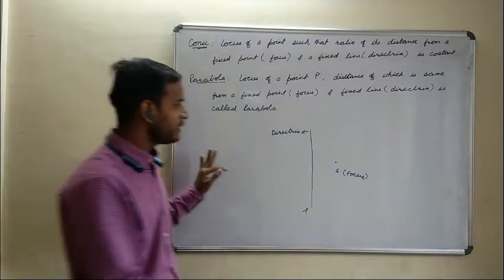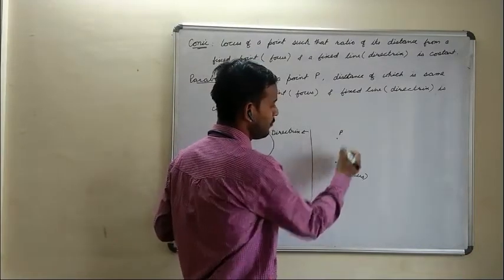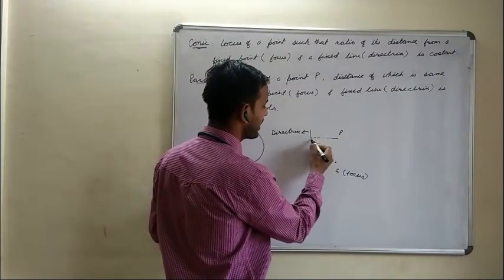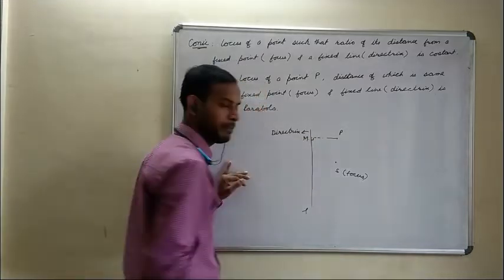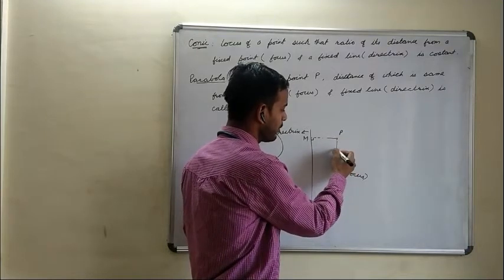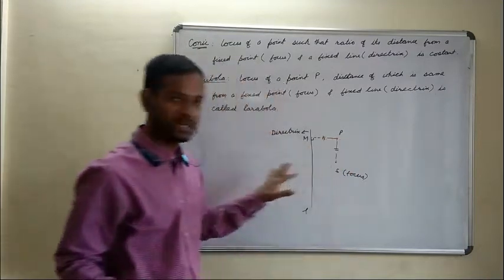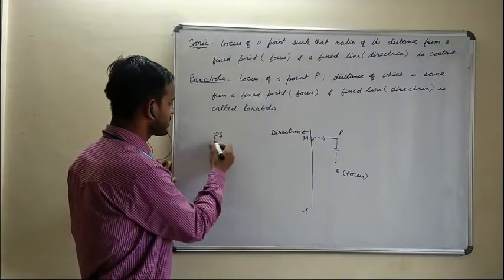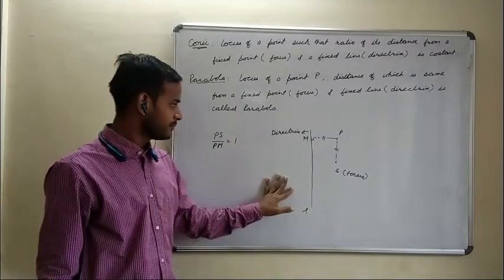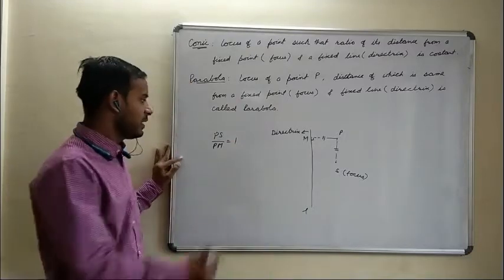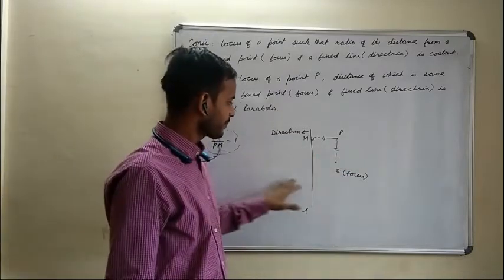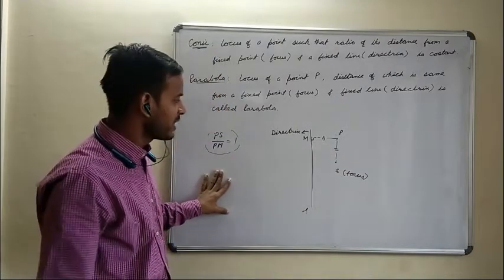There is a point P which traces a path such that distance of point P from the directrix, which is PM, and distance of point P from the fixed point S is always same. So PS upon PM is equal to 1 in case of parabola. So as long as P satisfies this particular condition, path traveled by point P would be lying on parabola.